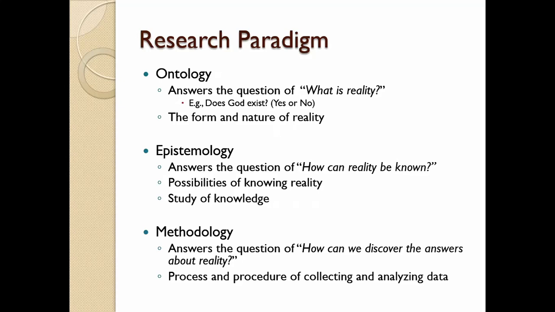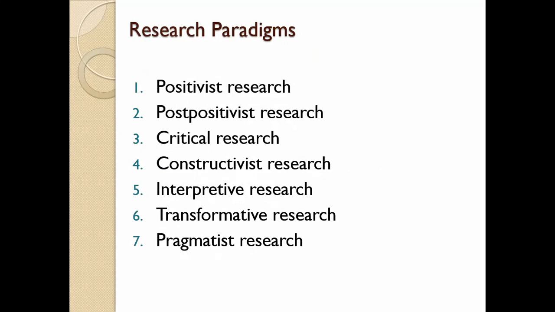So in simple terms, we use methods to discover knowledge, and that is epistemology, of which knowledge is about reality or what exists. So we have different categories of paradigms.